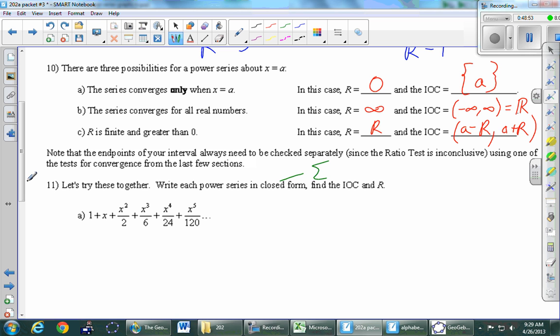Then once you have the sigma, that opens the door to the ratio test. You do the big ratio test calculation. You'll get some interval. What do you have to check separately? The endpoints of that interval. So that's the goal. Let's see if we can help each other out. I'll walk around and take questions. And once we get answers, maybe we'll put them up on the boards. Start at part A. It goes on to the next page.